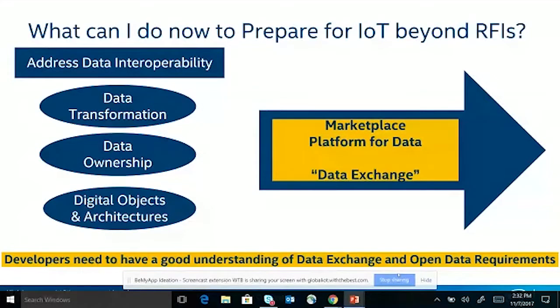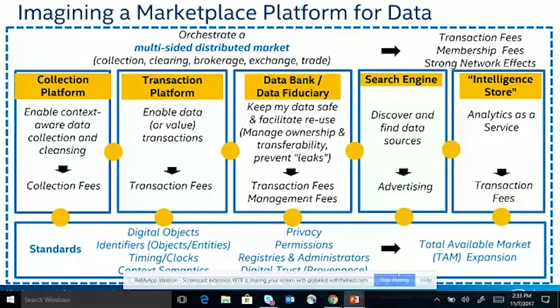So this is a really busy slide, but I wanted to introduce this to you in terms of thinking about data. People are saying data is the new oil, right? Think about data in terms of a marketplace for information. So in terms of Internet of Things, you would have a collection platform. That would be where you would be collecting data.